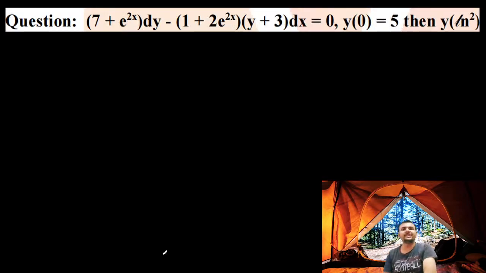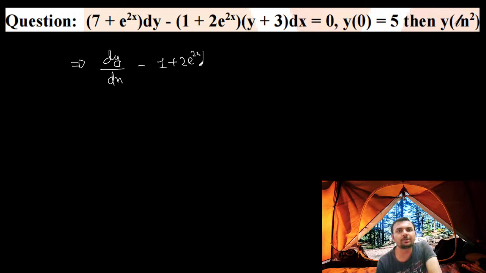This is the differentiation. So first we'll try to keep it like, whether we should go with dy by dx. Yes, we can go. So it is dy by dx minus (1 plus 2 e to the power 2x upon 7 plus e to the power 2x) times (y plus 3) equal to 0.